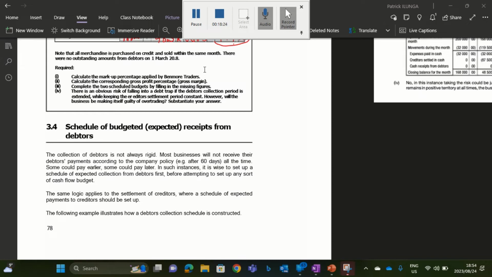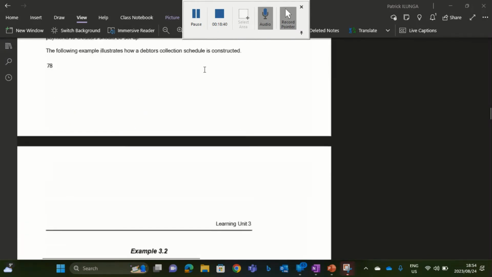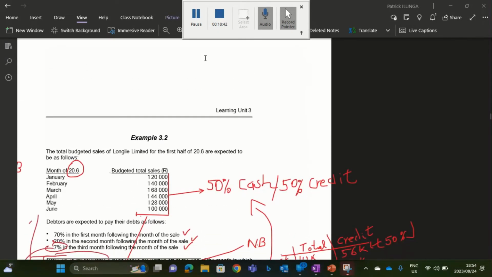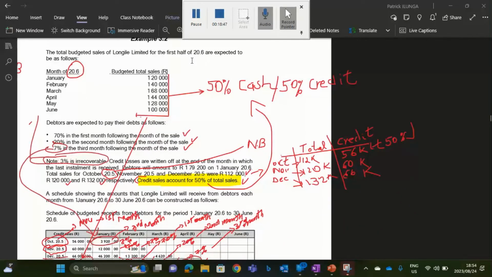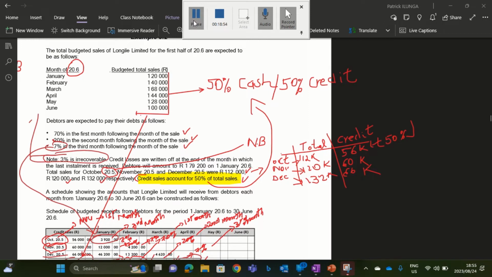So that's why the company would need to work smart in scheduling budgeted or expected returns over the months, right? This is quite the reason why we will look at example 3.2. This is a good example of looking toward the future with regards to future receipts from our debtors, right?